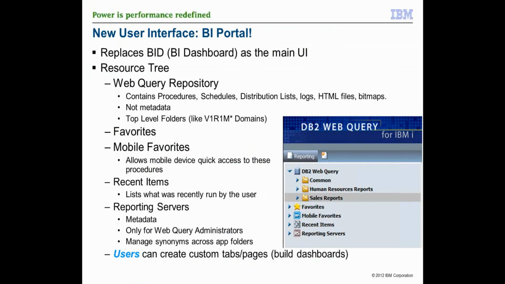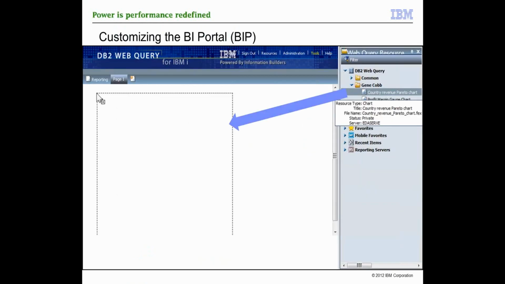Now, a really nice new feature in the BI portal is the ability for end users to create custom tabs or pages. What this essentially means is they now have the ability to create their own dashboards based on existing reports and graphs. Here's an example screenshot.